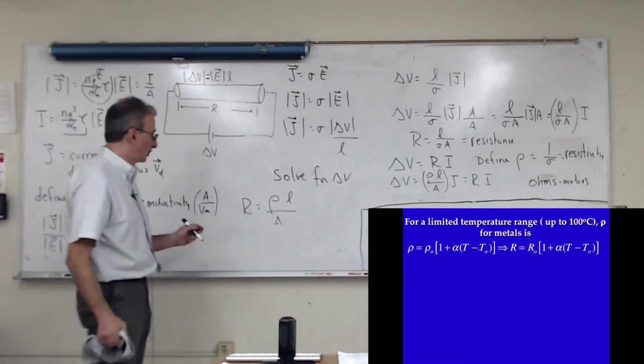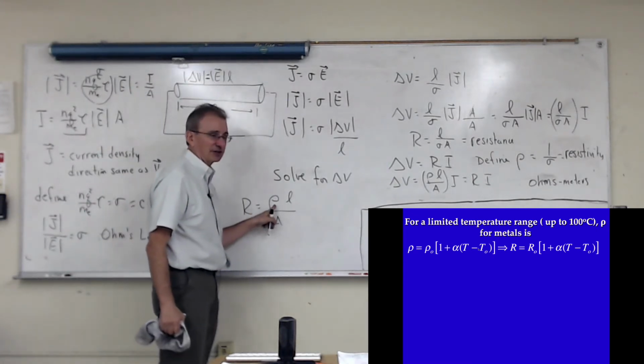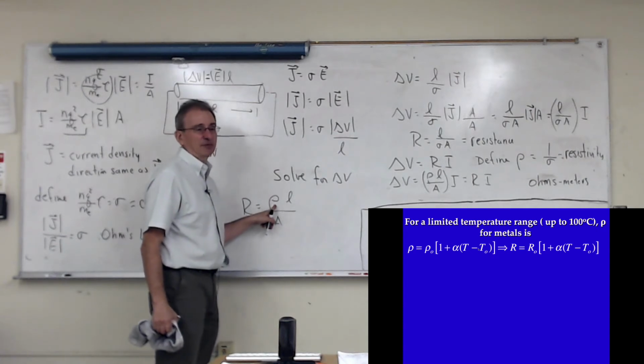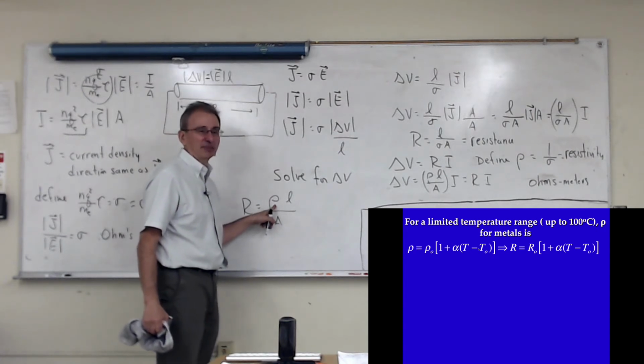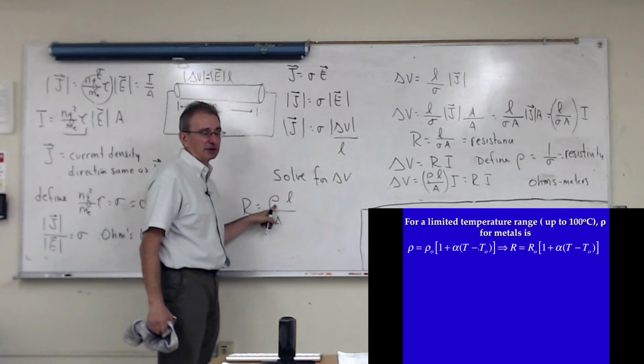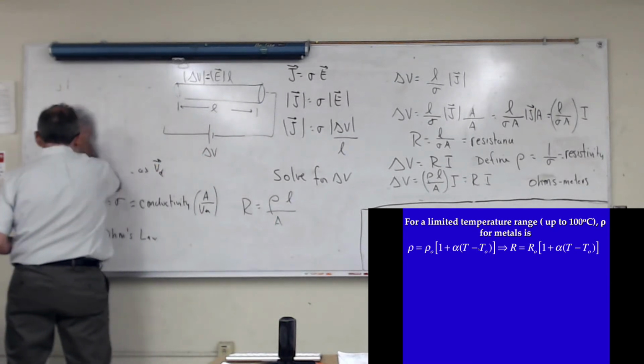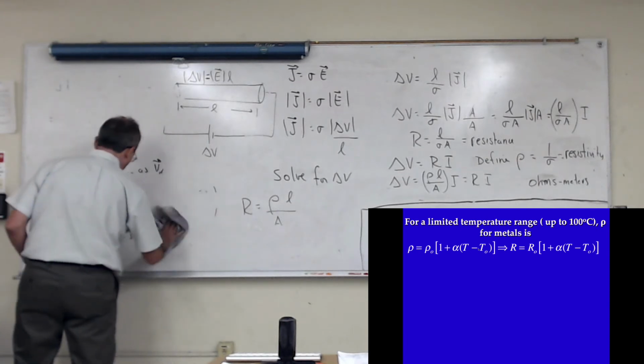In order to really get a good value for rho as a function of temperature, you actually have to do an experiment. Of course, the experiments have been done. You actually have to look the information up in a table, because the graph of rho as a function of temperature might be a straight line for a small temperature range, but beyond that temperature range, it's going to have a complicated function. I've got to be careful with the word complex.